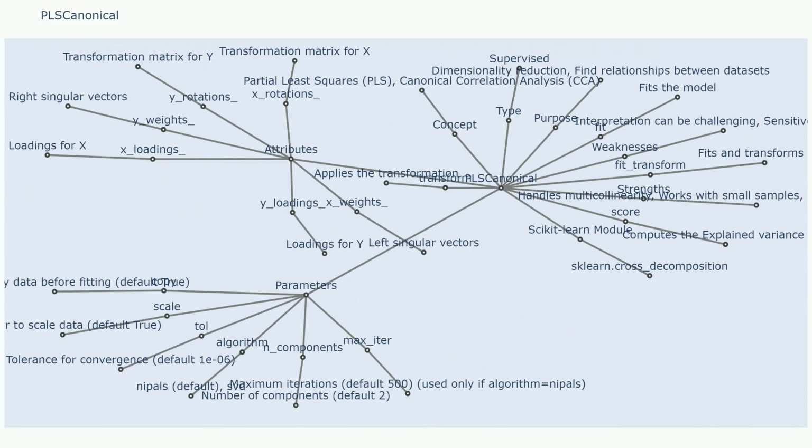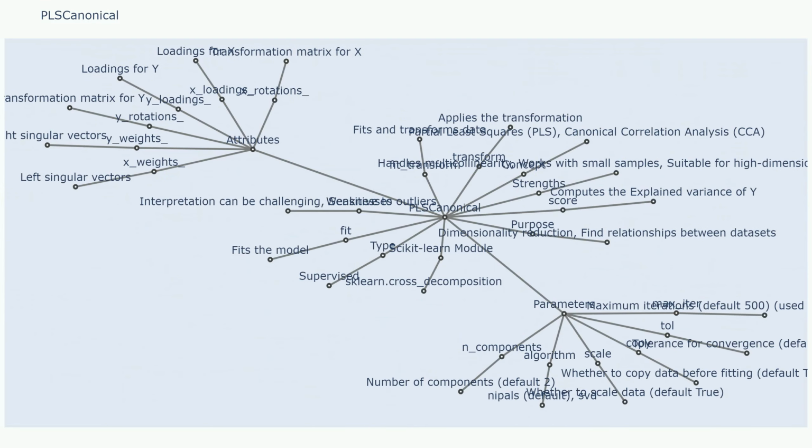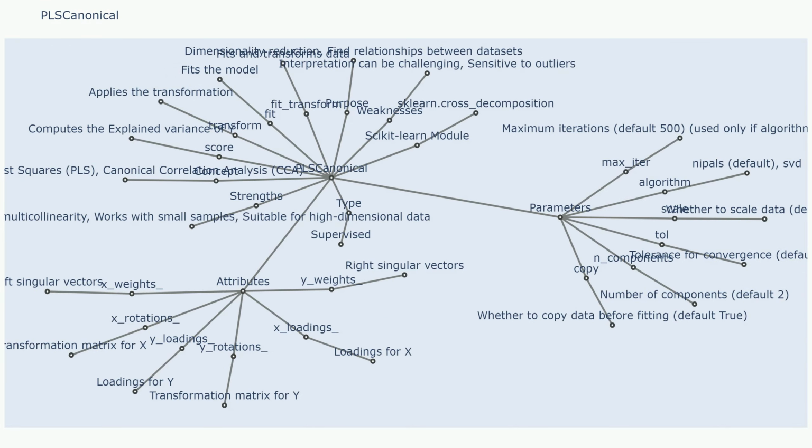Multi-block analysis: PLSCanonical can be extended to handle more than two datasets, which is useful for analyzing complex systems with multiple interacting components. Bioinformatics: it finds application in areas like gene expression analysis, where it helps understand the relationships between different molecular profiles. Marketing and customer analytics: it can be used to analyze customer behavior, product preferences, and market trends.